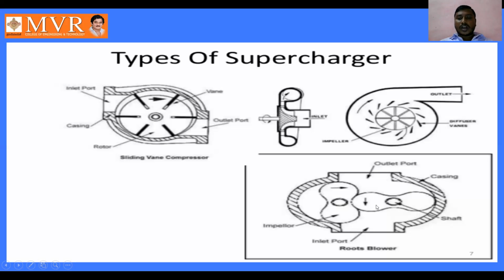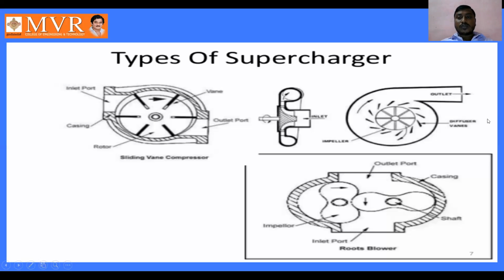Both impellers rotate in the anti-clockwise direction. When the air enters the roots blower, it is compressed between the impeller and the casing, which develops high pressure and increases the efficiency and output of the engine cylinder.